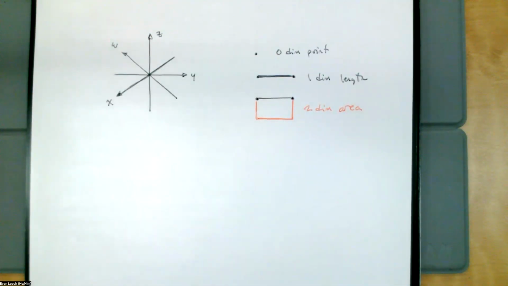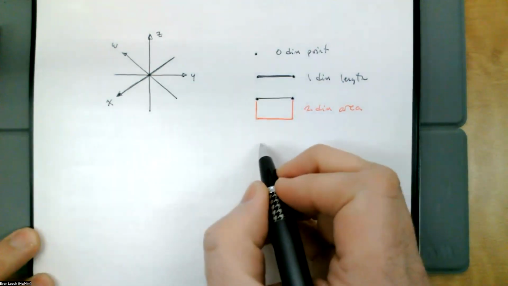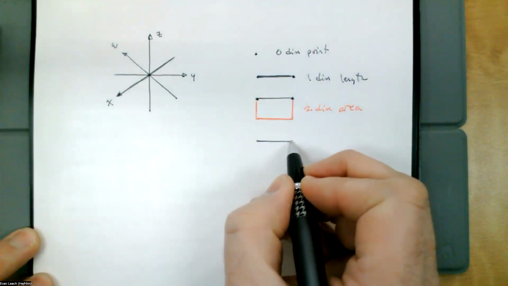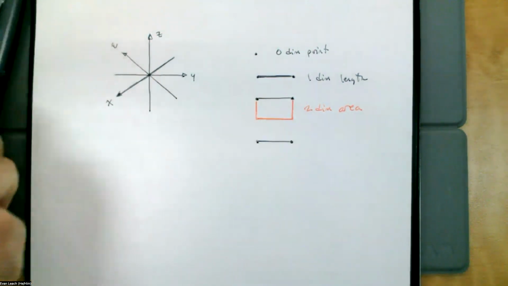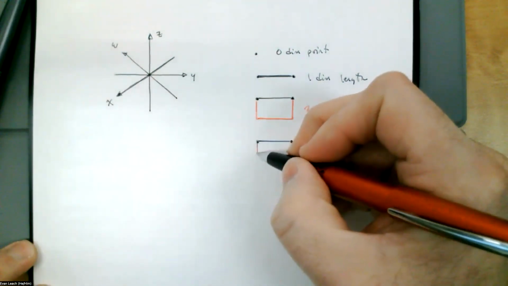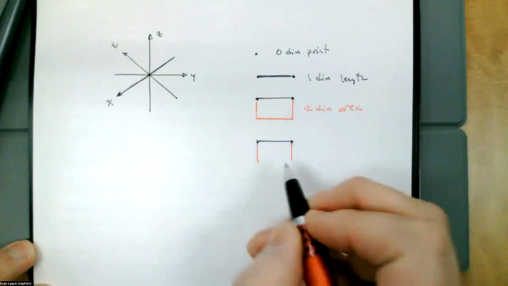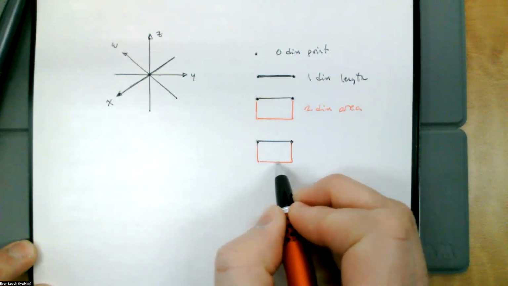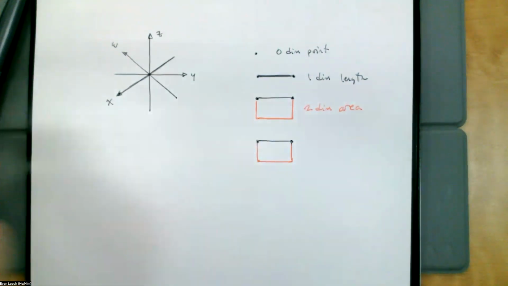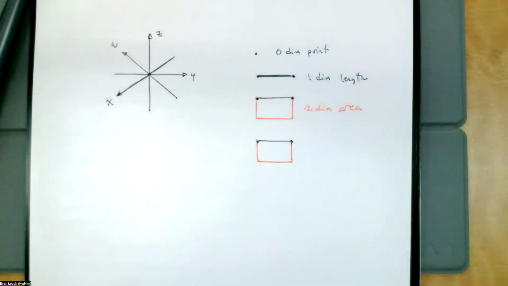Now I just take that little 2-dimensional area and pull it in a direction that I haven't already pulled it. I'm going to pull it forward out of the paper and create a 3-dimensional volume. It's hard to see.